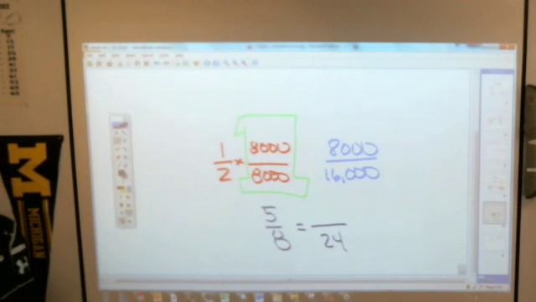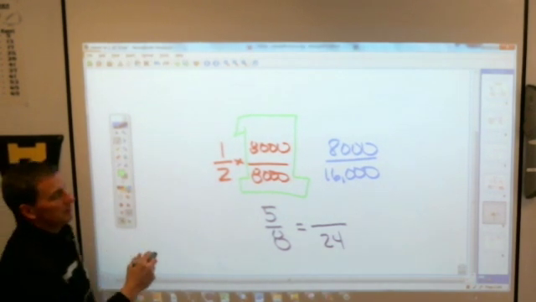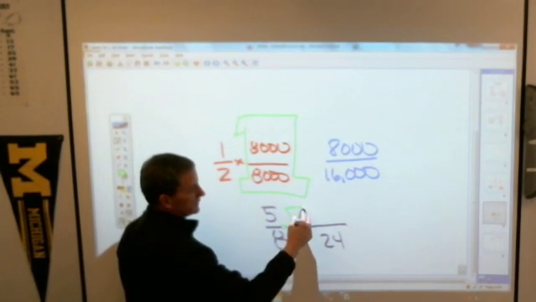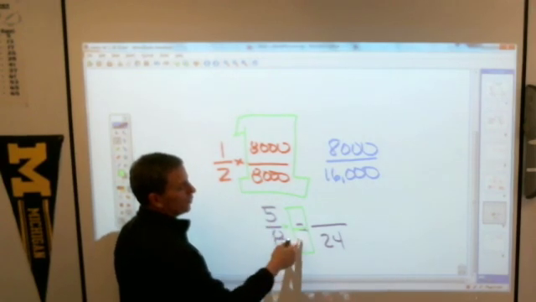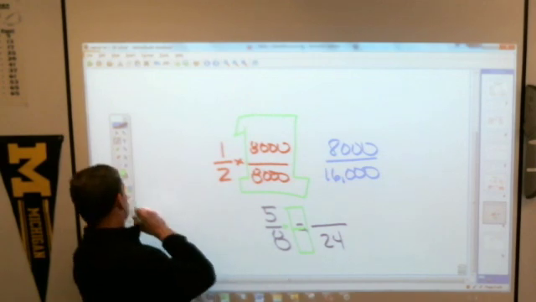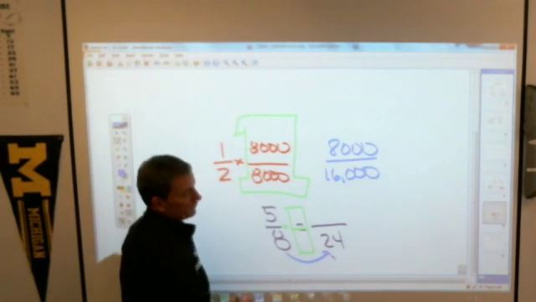What you have to think about is this. Going back to our multiplying by 1, what fraction equal to 1 would I multiply this by to get to 24? What you'd have to ask yourself is this: what do I multiply 8 by to get 24? 3.